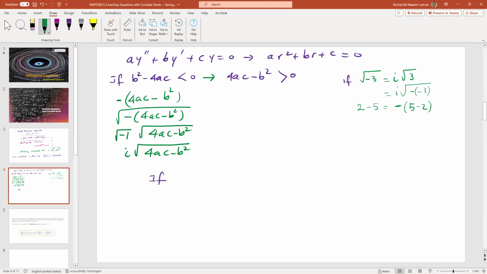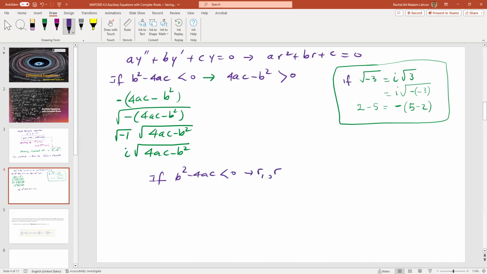All right, so now let's write. Let's do these here. If b squared minus 4ac is negative, then we run into two complex solutions, but the quadratic formula is usually written this way.